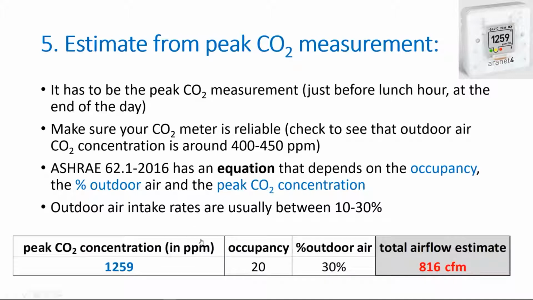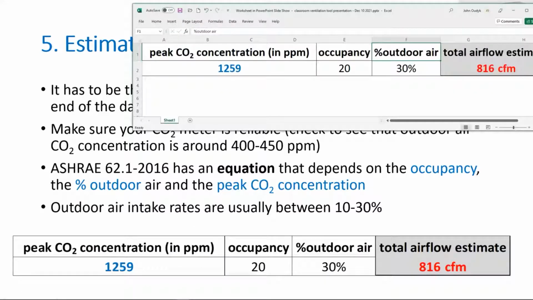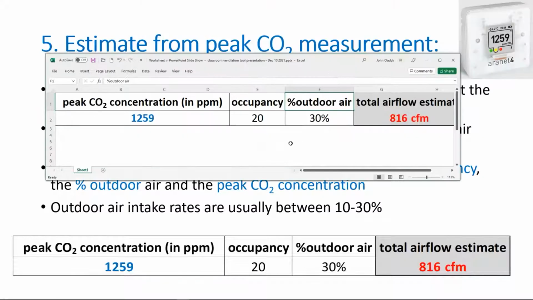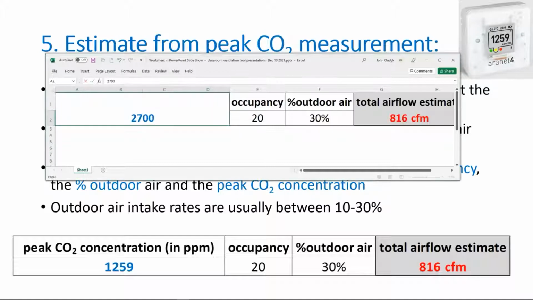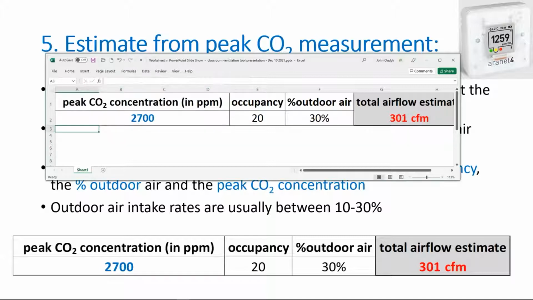So this is a little calculator that allows you to figure this out. And so let's say your classroom CO2 peak concentration is 2,700, which is not unusual in naturally ventilated classrooms. And then you can see, you can change the occupancy and things like that and figure that out.